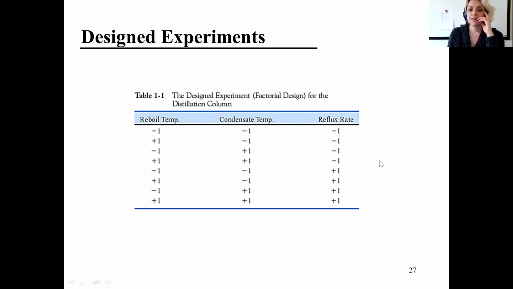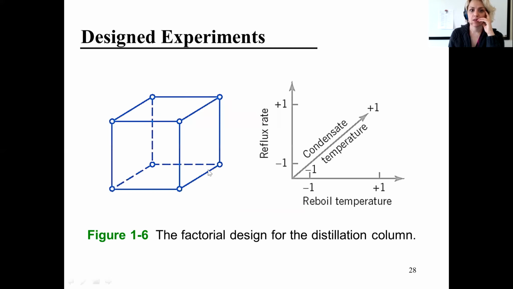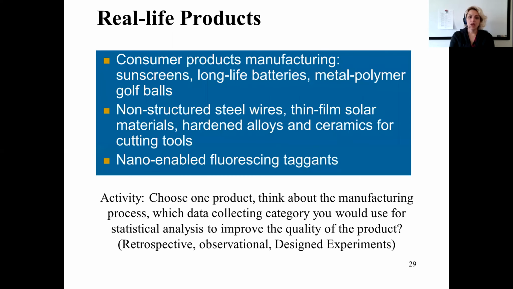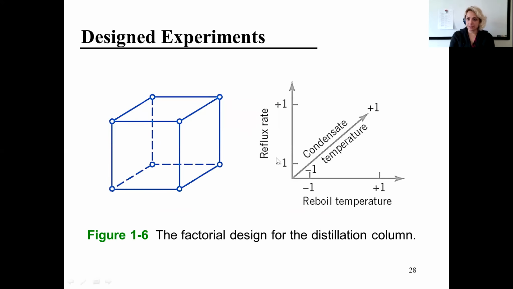So we are going to choose the best combination among these. When you look at it, you can't find two rows with exactly the same combination. Here I have the reflux rate, reboiler temperature, and the condenser temperature. It's three-dimensional, right? We call it the factorial design of the distillation column, and then we are going to choose the best one.